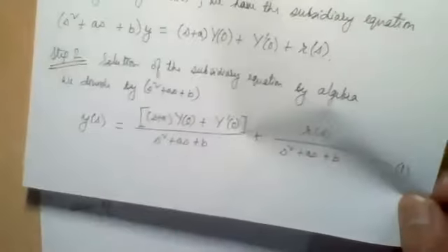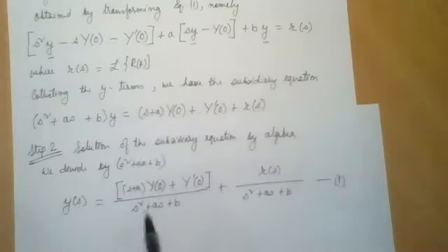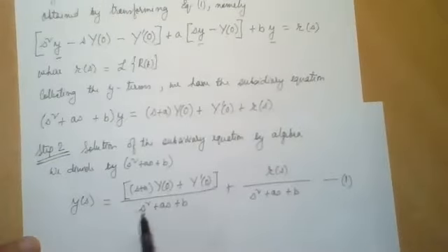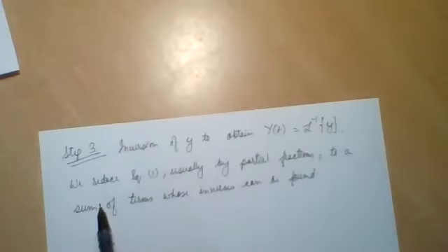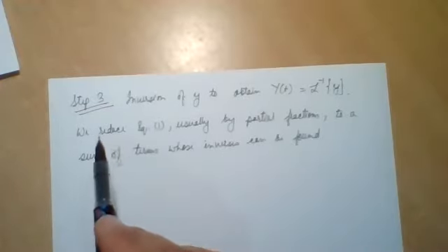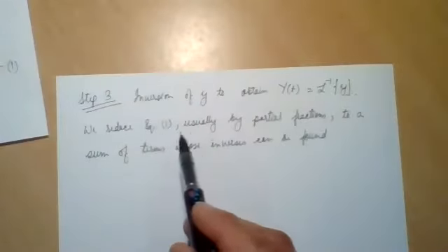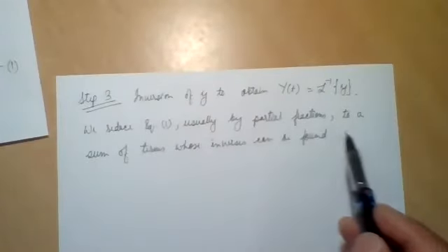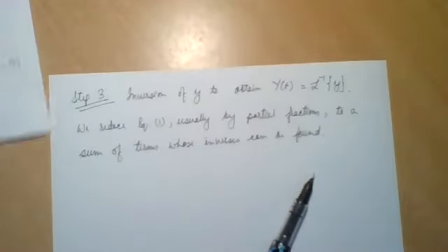So what is step 3? Step 3 is that we take the inverse Laplace transform of this equation, and we obtain capital Y. And how do we usually proceed? We reduce equation 1 usually by partial fractions to a sum of terms whose inverses can be found. Okay, this is fine.